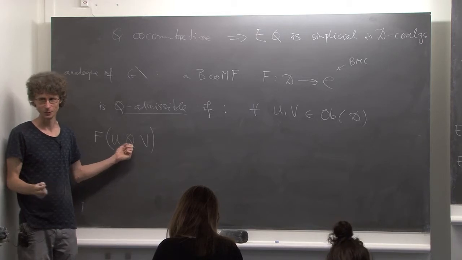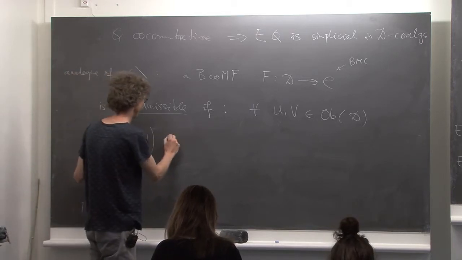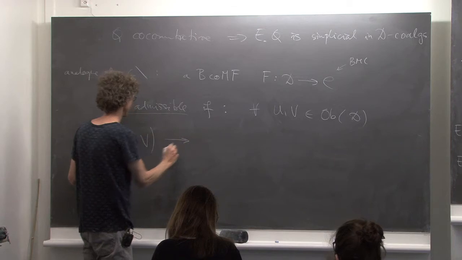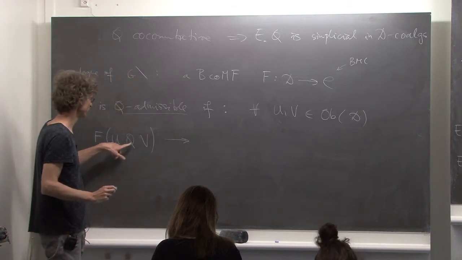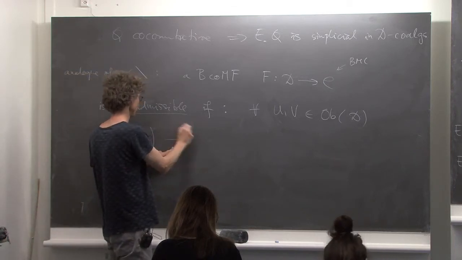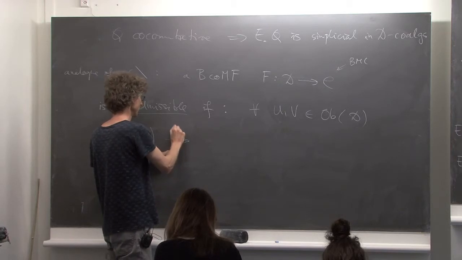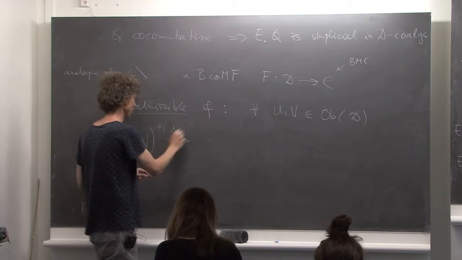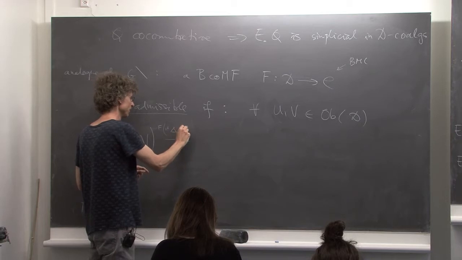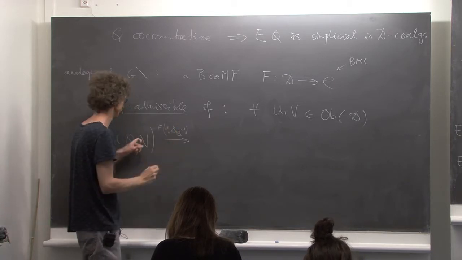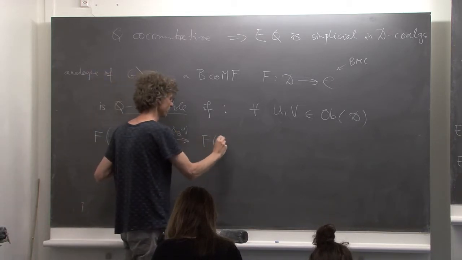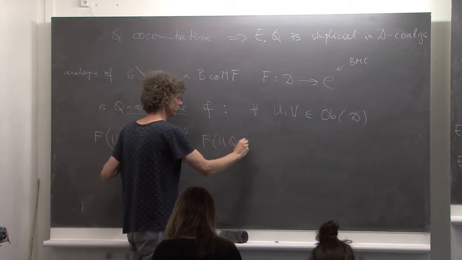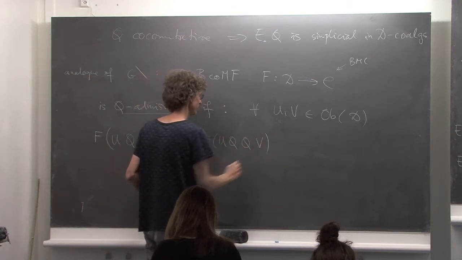It's a coalgebra, so what we can do is go from here to just applying the coproduct on Q, and I should write F and identity on U and V, etc. So we can go to F of U, Q, Q, V.